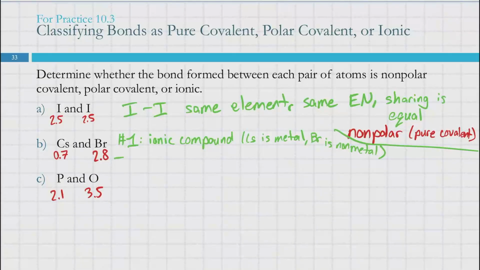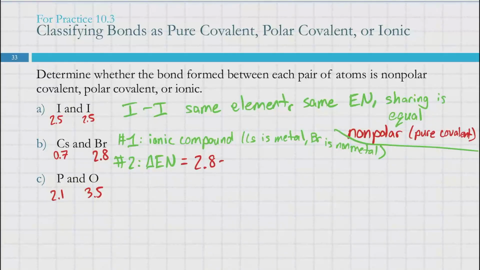That's the first way. The second way is the difference in electronegativity. We would have to be given, look up, or have memorized the values. Probably don't memorize them. We would look them up or be given the electronegativity values. We'd find that they are 2.8 and 0.7. We take the bigger number and subtract from it the smaller number.